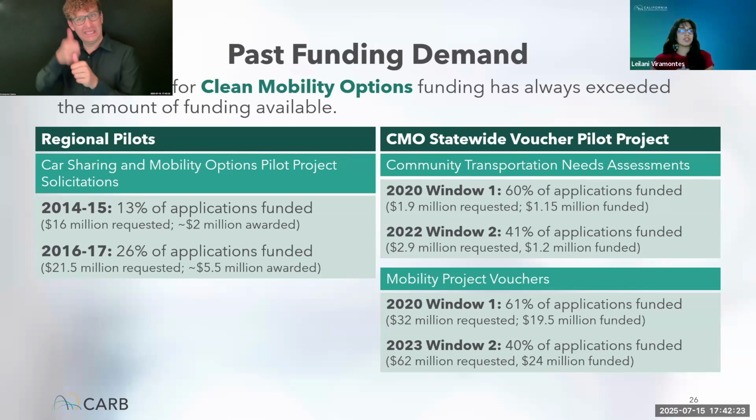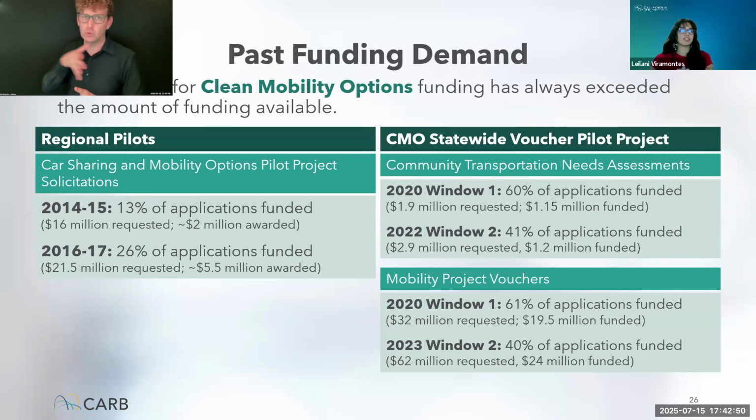When CMO launched in 2014 to 15, only 13% of project applications received funding. Even in 2016 to 17, after funding more than doubled, only about 25% of applications were awarded grants. Not shown on the slide is a third solicitation in 2018, which was specifically for the agricultural worker Vanpool pilot project.